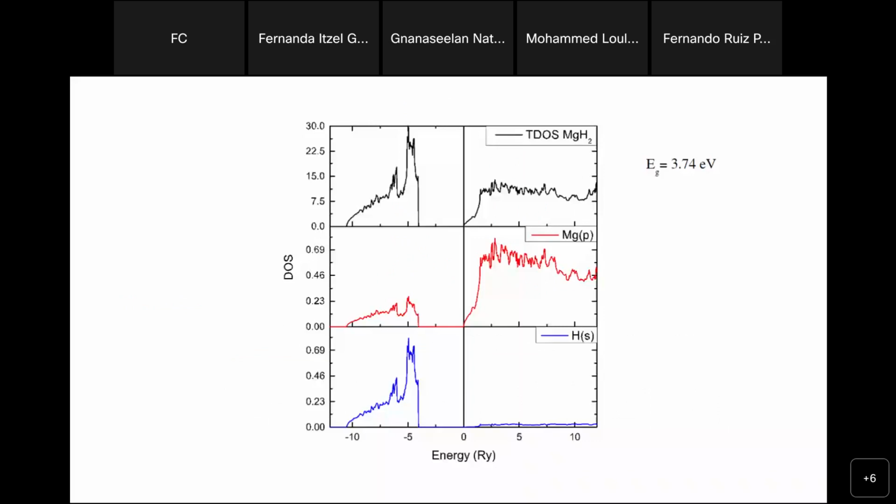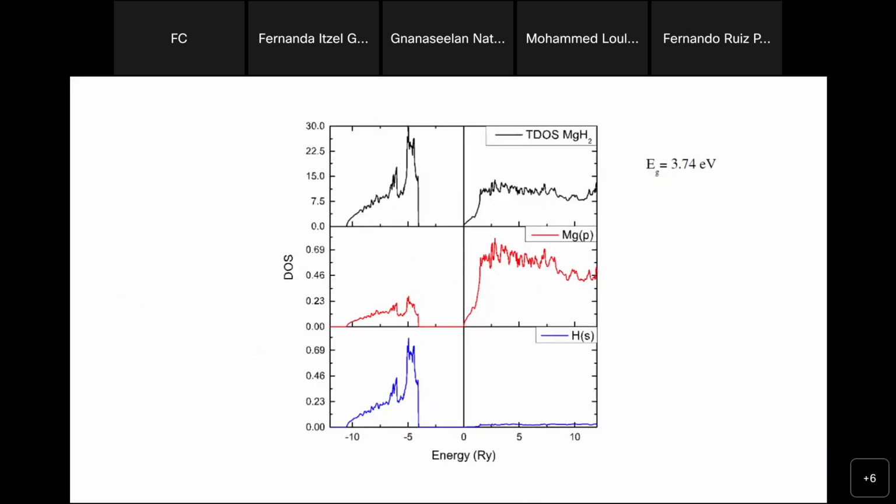To explain such high stability of the magnesium hydride, we study the density of states of the system. In the total density of states, we can see that the magnesium hydride is a semiconductor with a gap energy of 3.74 electron volts.